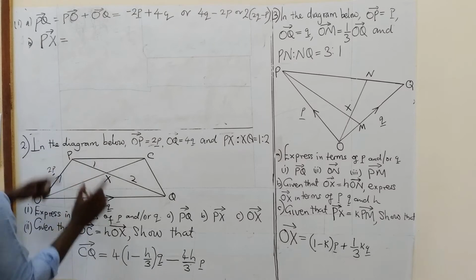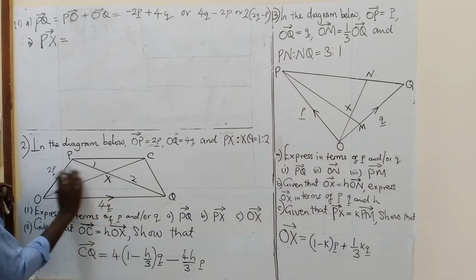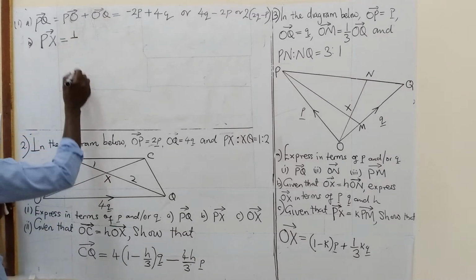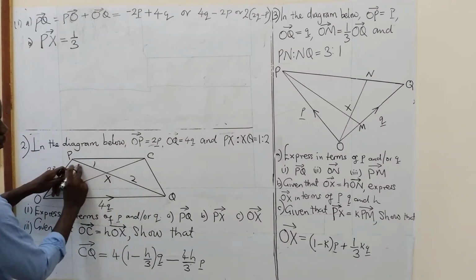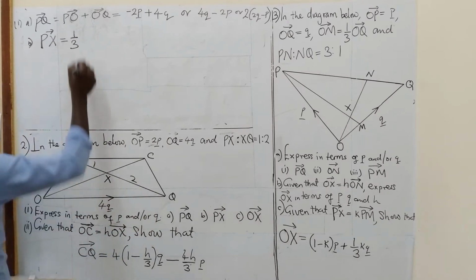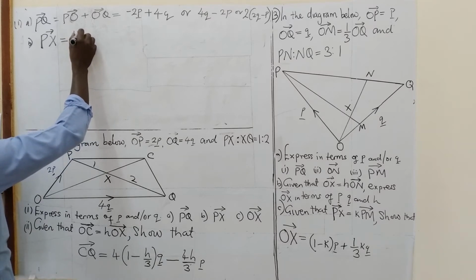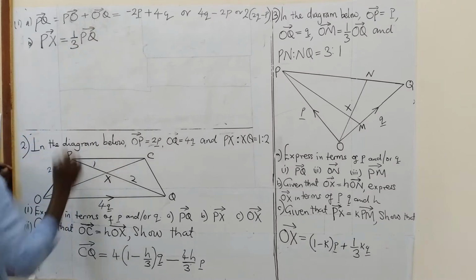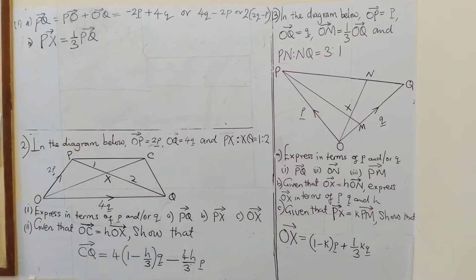In terms of fractions, PX is 1 over 3, which is the whole thing, 1 over 3 of the total PQ.